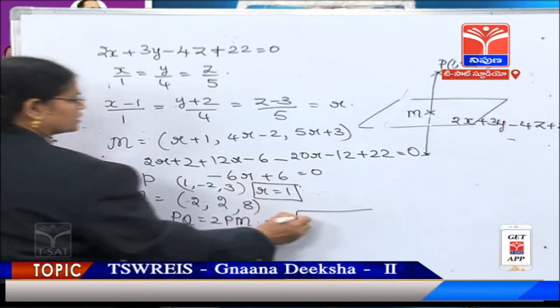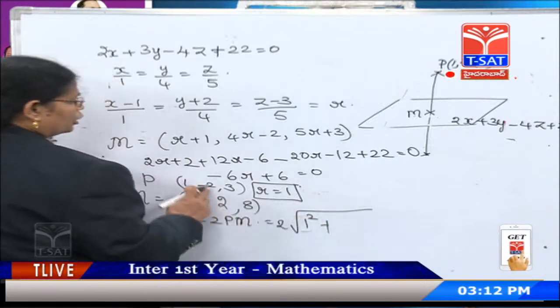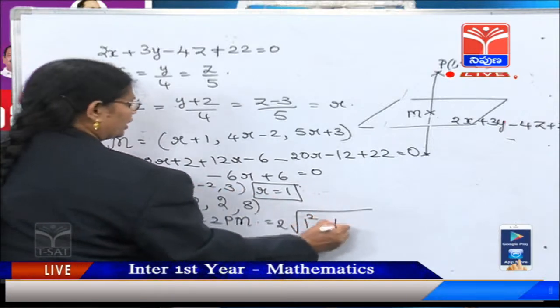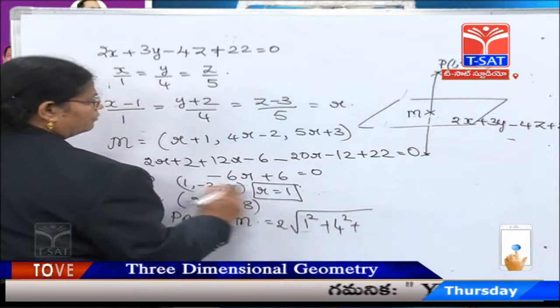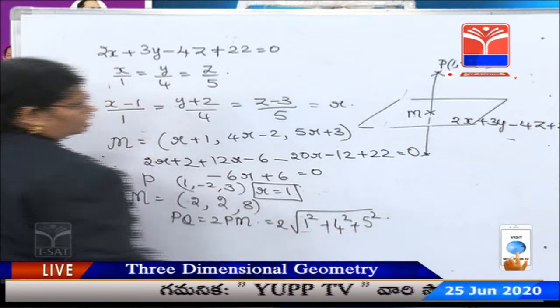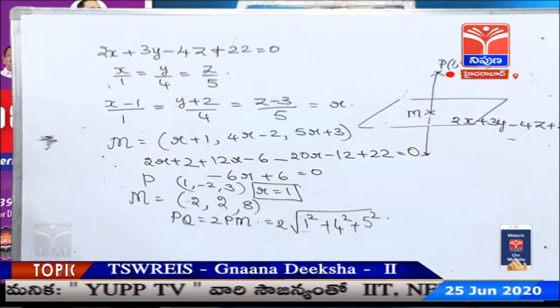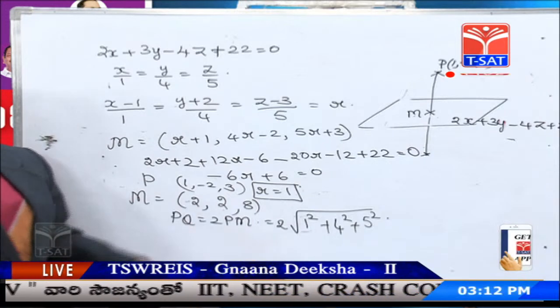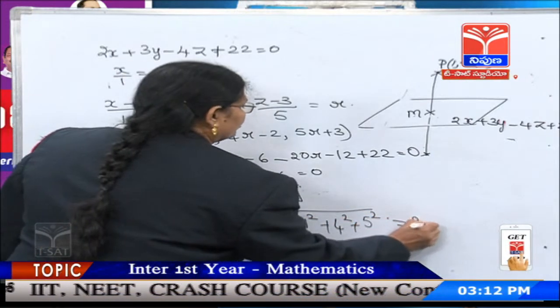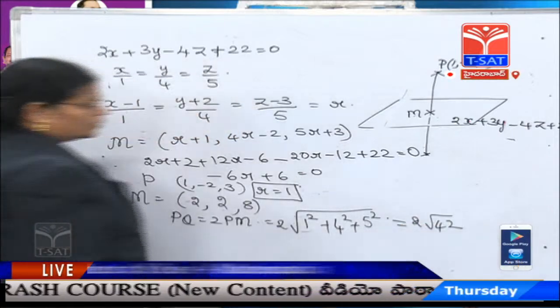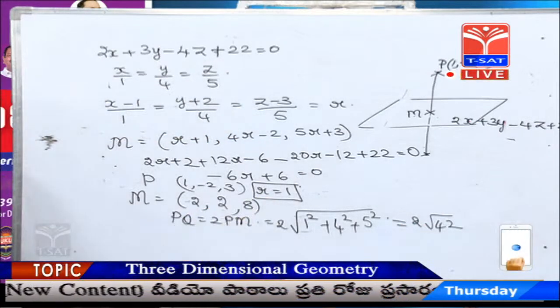So, (2 - 1) whole square, 1 square, (2 + 2) 4 square, (8 - 3) 5 square. 25, 16 and 1. So, this is 2 root 42, the image distance PQ.